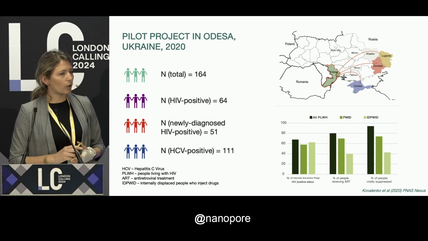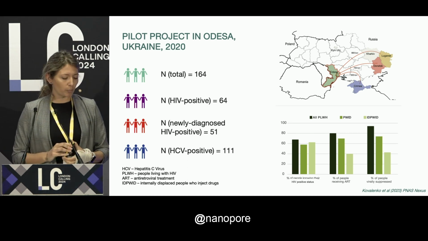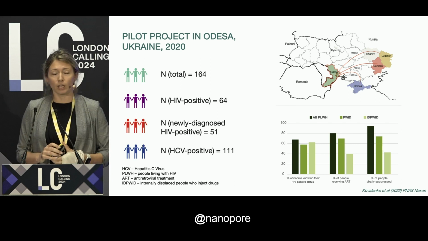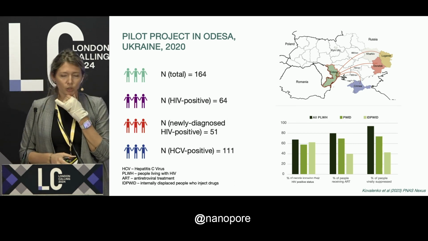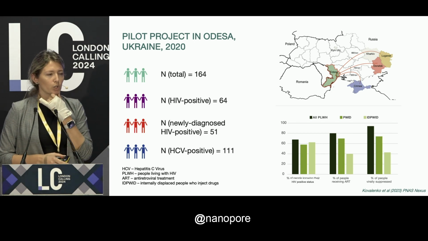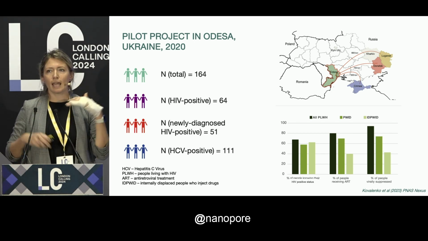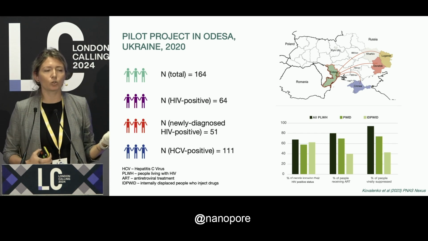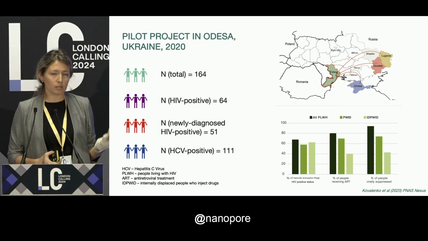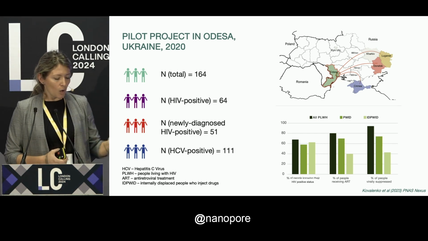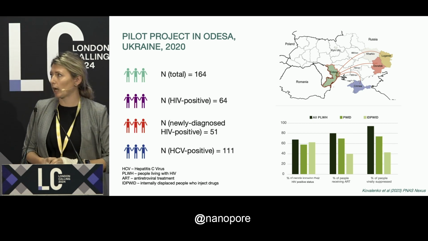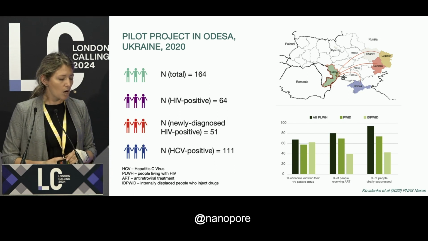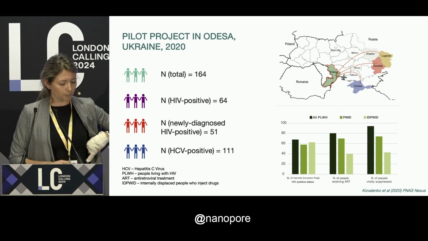First of all, what we noticed is that a much higher proportion of them are staying out of care. In the figure in the bottom right corner, you can see that about the same proportion of people as any other person living with HIV in the country knew about their status if they were living with HIV, but only about 40% of them were receiving care, and also a very small proportion of them were actually virally suppressed.